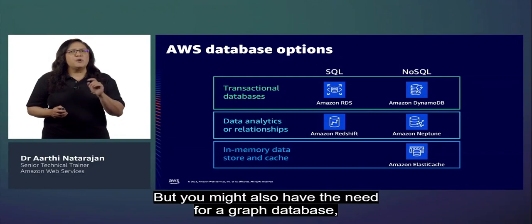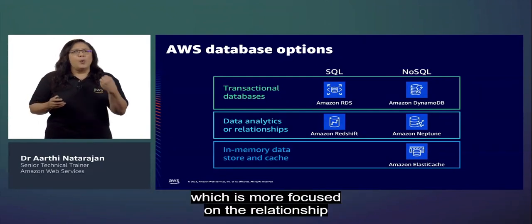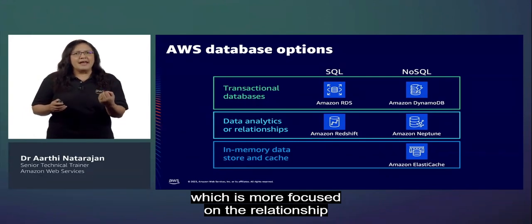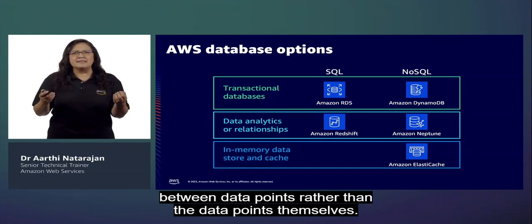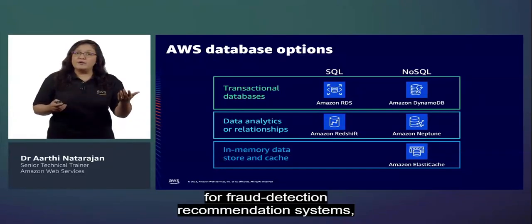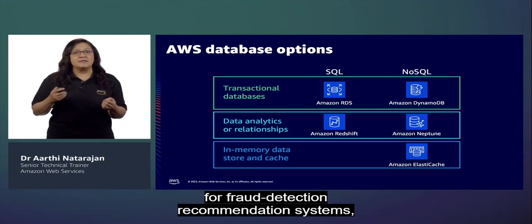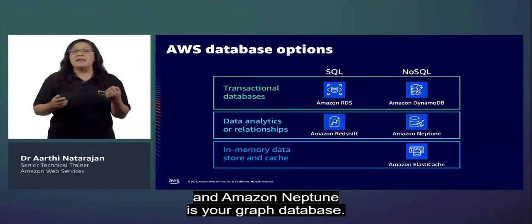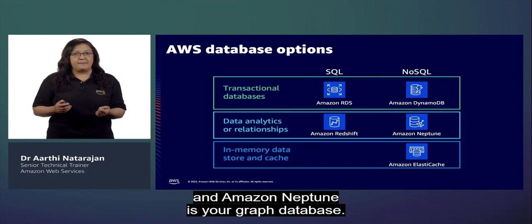But you might also have the need for a graph database, which is more focused on the relationship between data points rather than the data points themselves. You can use a graph database for fraud detection, recommendation systems, and Amazon Neptune is your graph database.